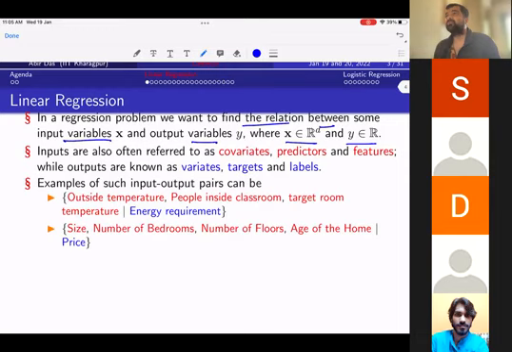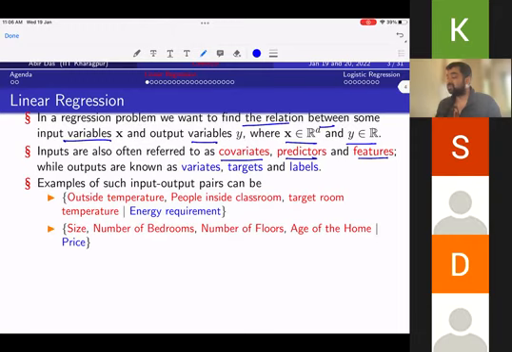But we will focus on a scalar output Y. Inputs are also often referred to as covariates, predictors, or features, and correspondingly the outputs as variates, targets, and labels. Different books refer to it in different ways.